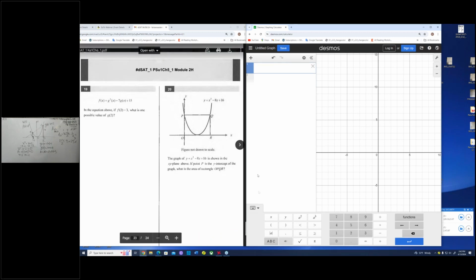You have this equation, y equals x to the second minus 8x and plus 16. Okay, this one.